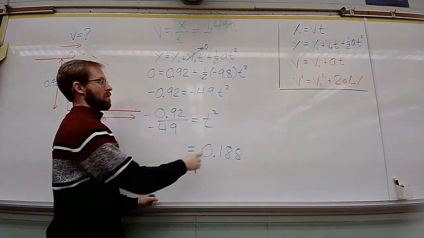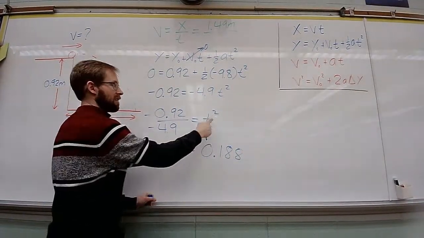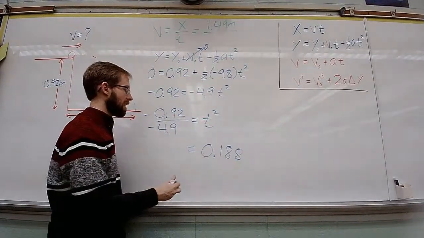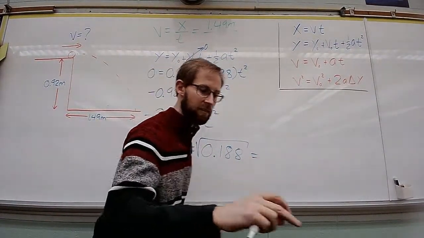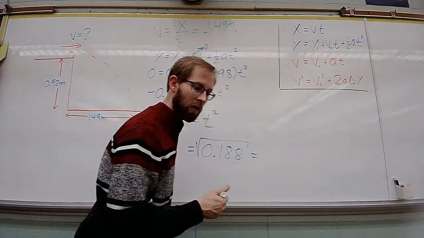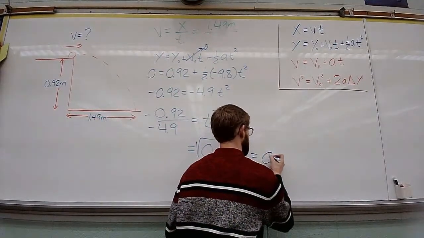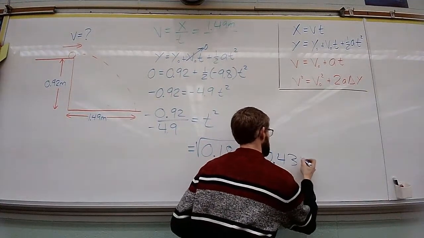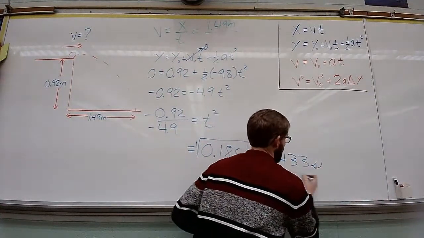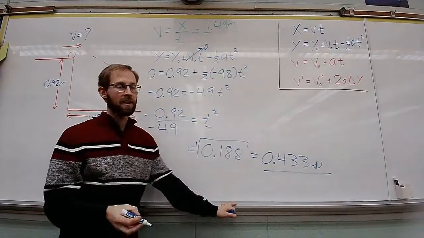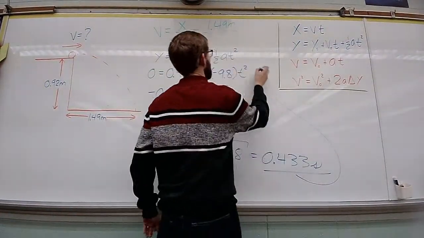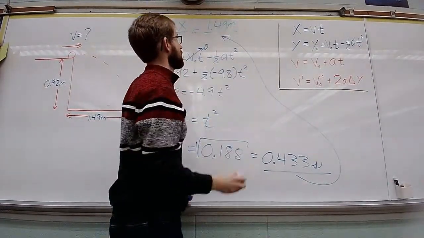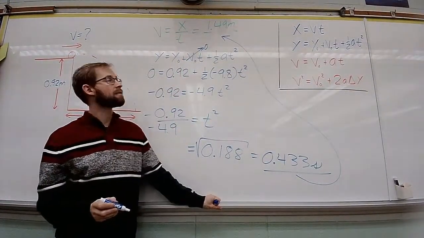And of course, I want this time to be regular, so I got to take the square root of that. So the square root of 0.188 is 0.433. And now I have my time. So all I do is I take that time and I put it in its place right there in the denominator.